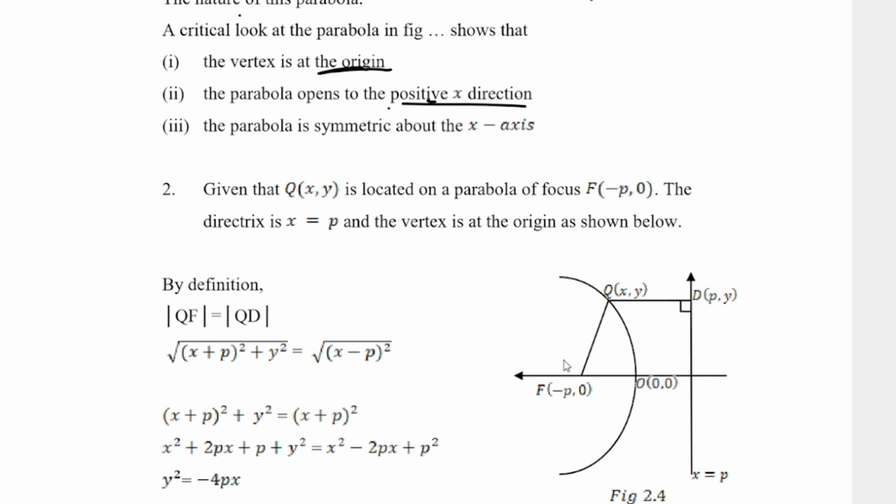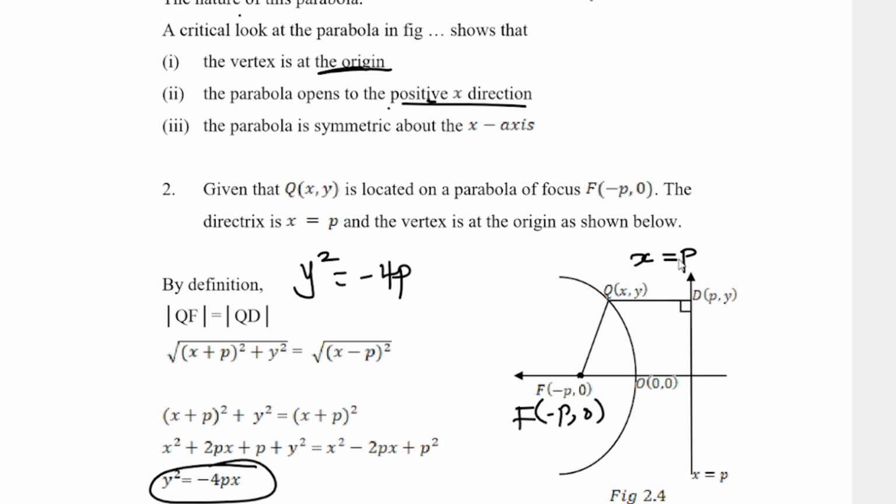Now, if the parabola opens to the negative x direction, then the equation is y squared equals negative 4px, and that's how we came about this one too. As I said earlier, if the parabola opens to the negative x direction, the focus is going to be (negative p, 0), as I said in our earlier video, and the directrix will be x equals positive p.